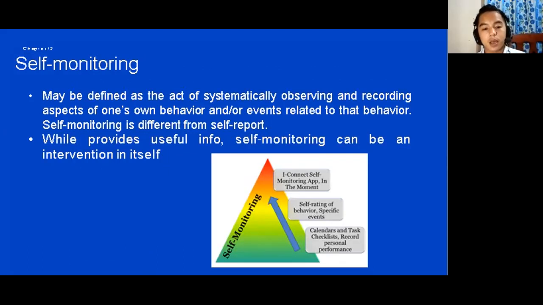While self-monitoring provides useful information, self-monitoring can also be an intervention in itself. Say, for example, the client is given by the assessor a food diary to self-monitor. Through this, the client will be conscious of his or her diet and can personally manage the food intake and do some exercise.